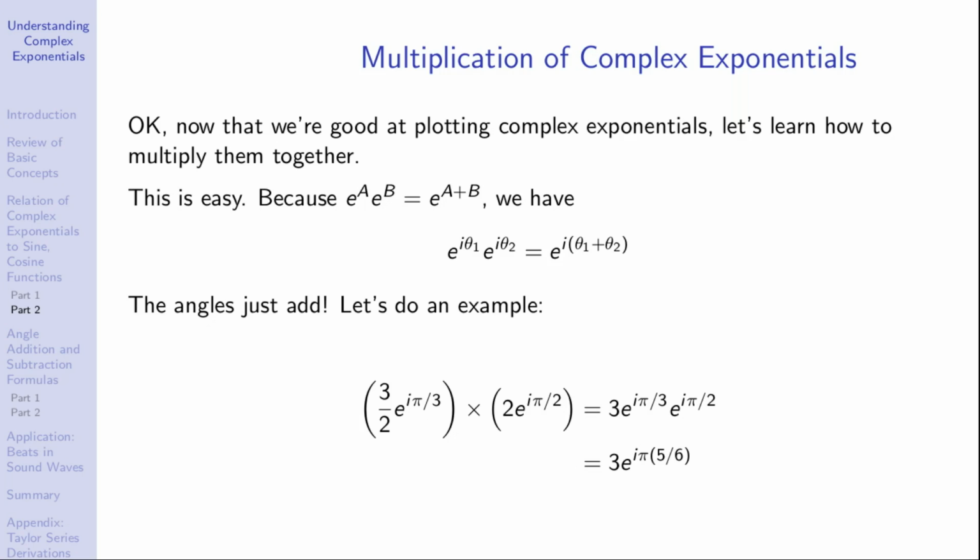That equals 3, the 3 comes from the 3/2 times the 2, times e to the i pi over 3, that's the exponential from inside the first set of parentheses, times e to the i pi over 2, that's the exponential from the second set of parentheses. Now we can just multiply those terms together to get 3 e to the i pi times 5/6, because 1/3 plus 1/2 is equal to 5/6.